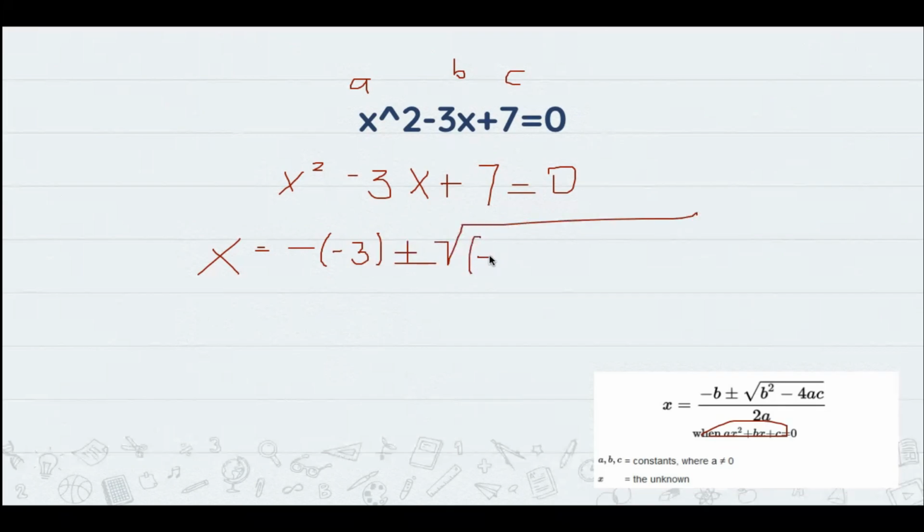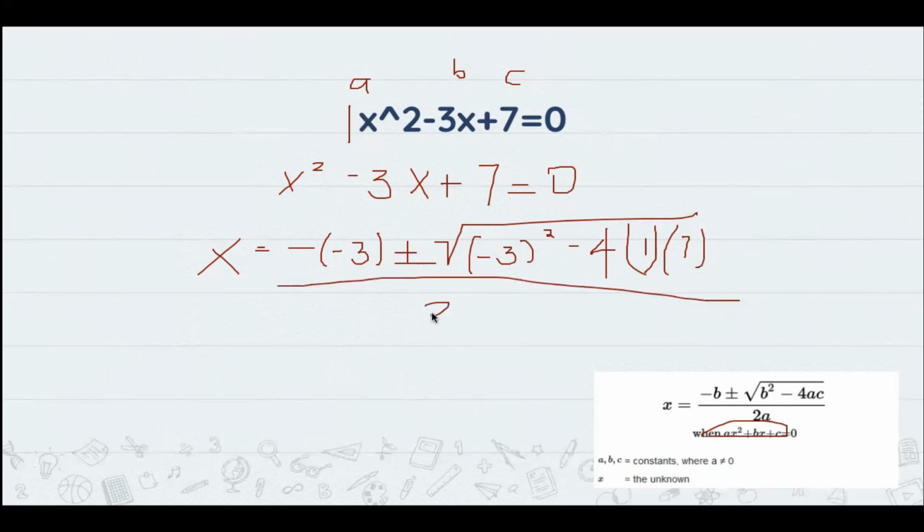We'll put our b in again, which is negative 3 squared, minus 4ac, so 4, or a would be 1, because there's always an imaginary, well, invisible 1 here. So put that. And then our c, which is 7, all over 2a, which is 2 times 1.